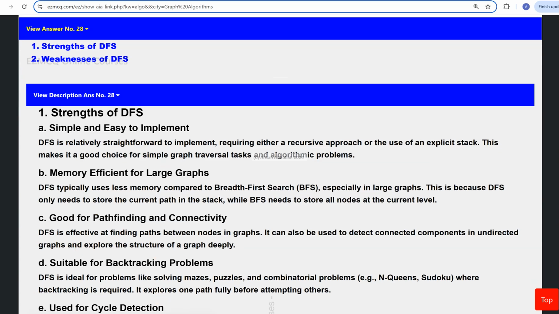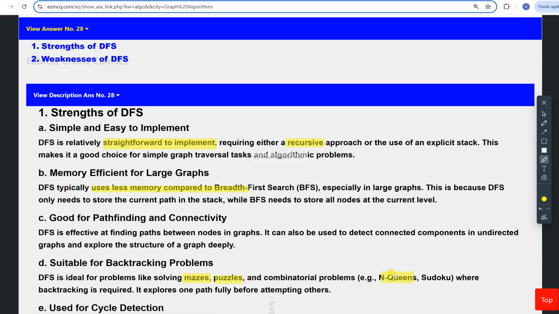One thing is the same: it is straightforward to implement, iterative, and it could be a recursive approach also, where we use a stack, right? And it is memory efficient, using less memory as compared to breadth first search, because it keeps on going and then it backtracks, as opposed to breadth first search, which goes level by level. It is good for pathfinding and connectivity, and suitable for backtracking, for solving mazes, puzzles, combinatorial problems, and queens problems.